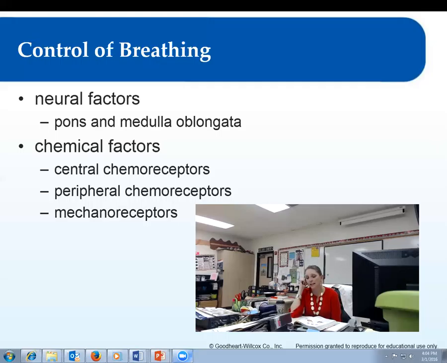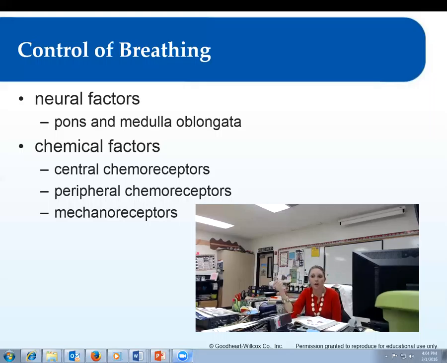And then the last thing that plays a role in the control of our breathing is our mechanoreceptors. These are located in muscles and joints, and they detect muscle contraction and force during exercise. So it says they're responsible for a quick increase in ventilation. So when you first start to exercise and you kind of get out of breath, right, that's what those are responsible for.